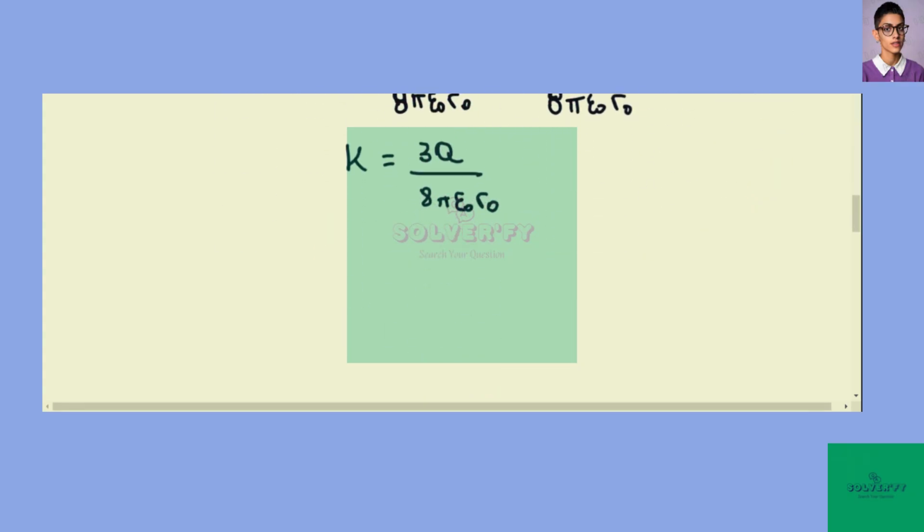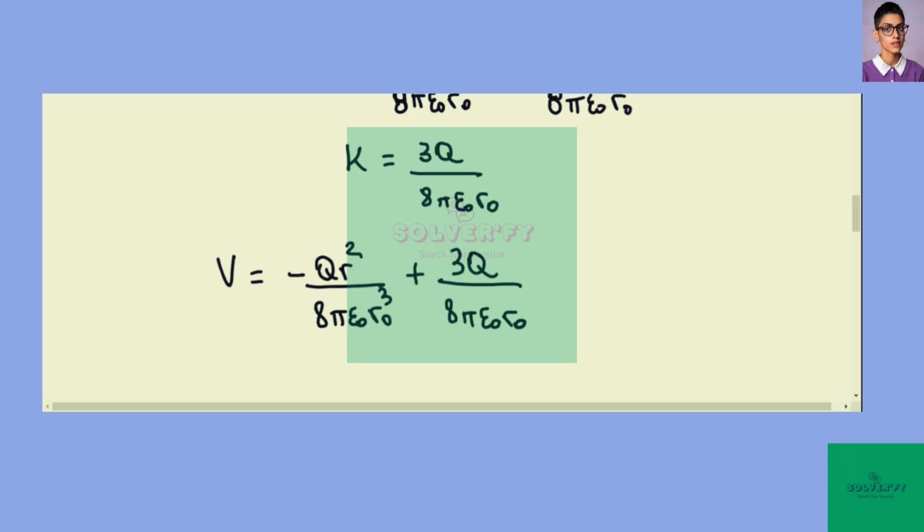Okay, so V is equal to minus Q r squared over 8 pi epsilon 0 r0 cubed plus 3Q over 8 pi epsilon 0 r0. I'm going to write this as Q over 8 pi epsilon 0 r0 times 3 minus r squared over r0 squared.